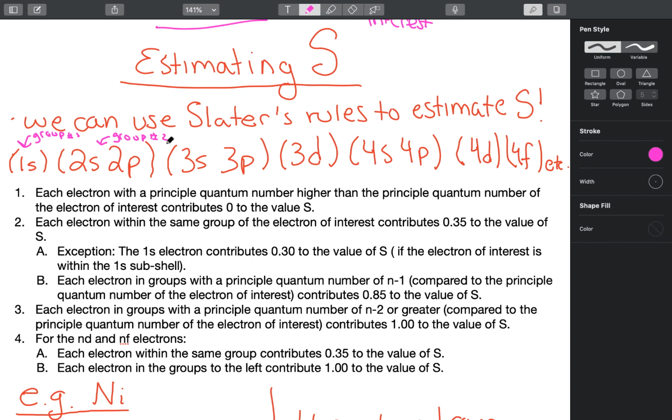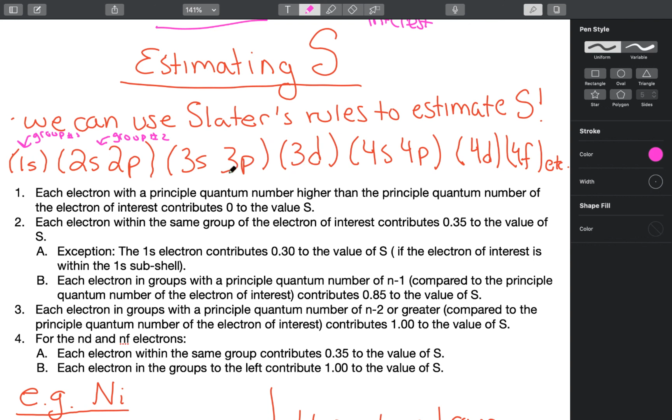So the first thing that I want you to notice is these parentheses. The parentheses surround the 1s subshell, the 2s and 2p subshell, the 3s and 3p, and so on. Each of these parentheses distinguishes a group. So the parentheses around the 1s state that this is group 1. And the parentheses around the 2s, 2p state that this is group 2. So each of these parentheses is a particular group.